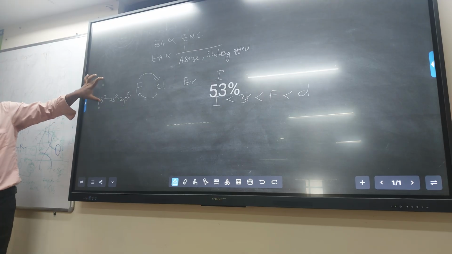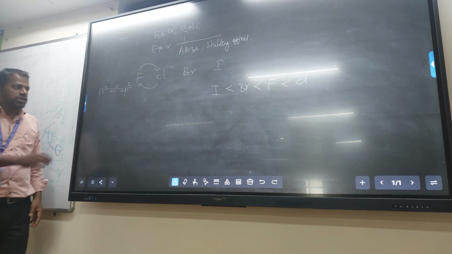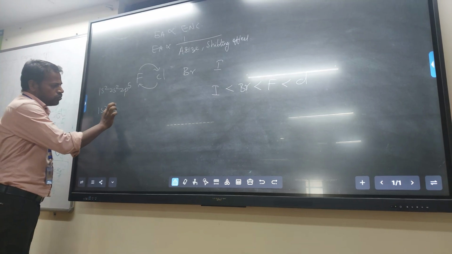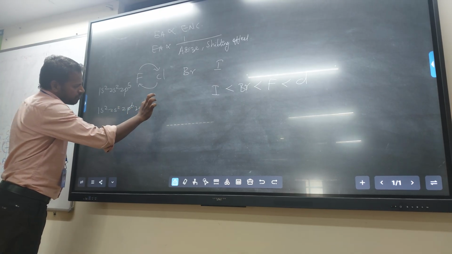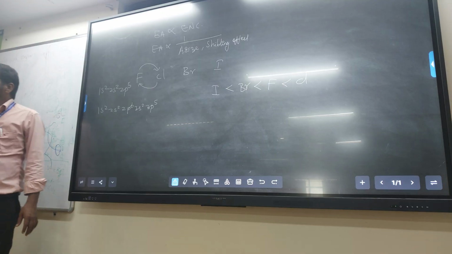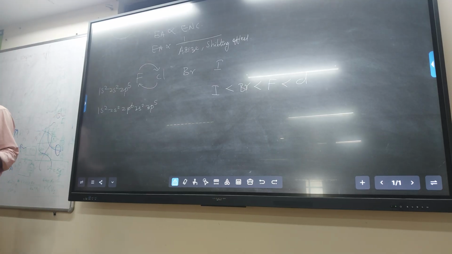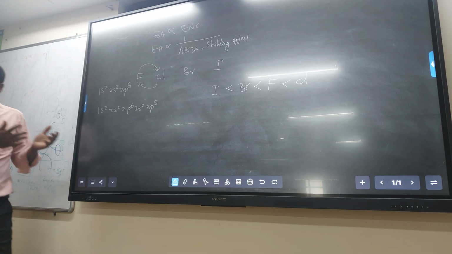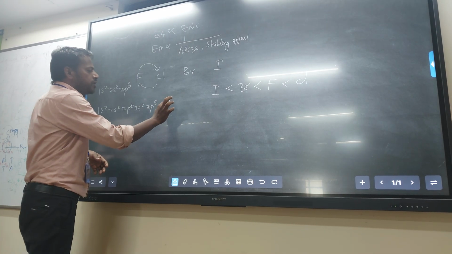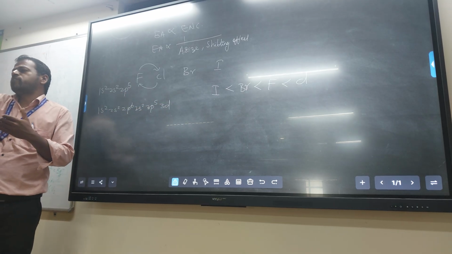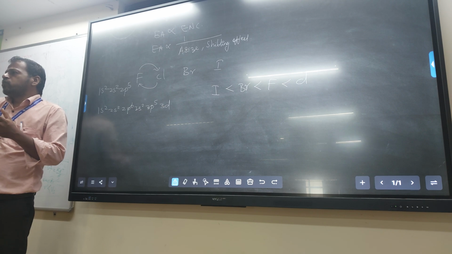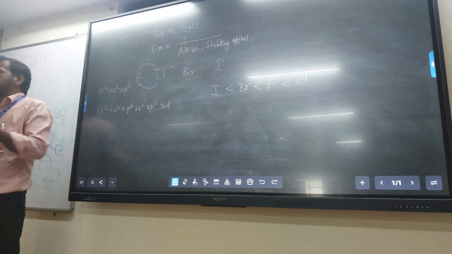But for the chlorine atom, the configuration is 1s2, 2s2, 2p6, 3s2, 3p5. When you add the electron, there is not much electron repulsion compared with the fluorine atom, because an empty 3d orbital is there.